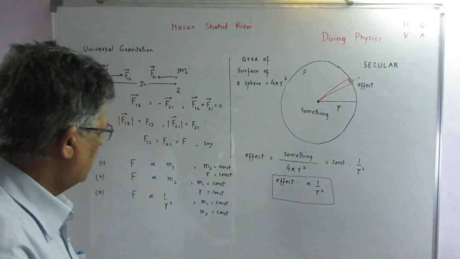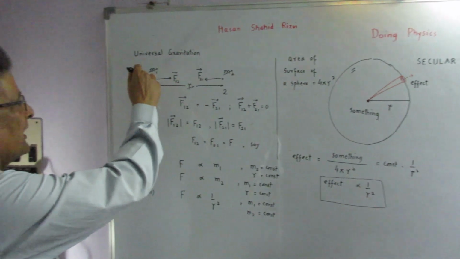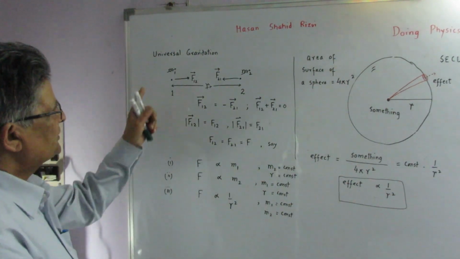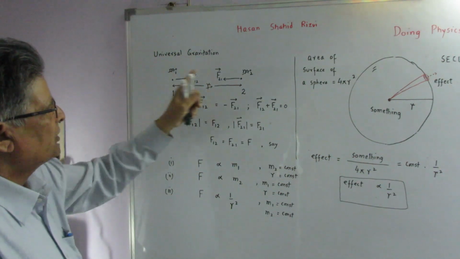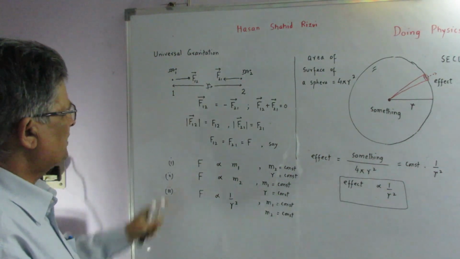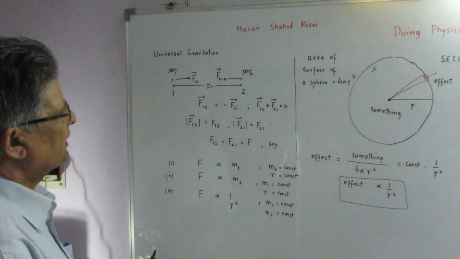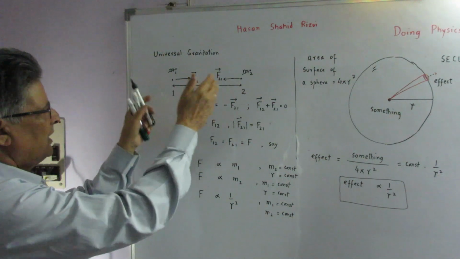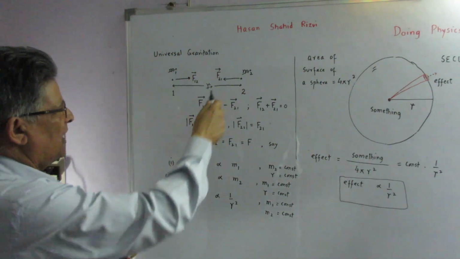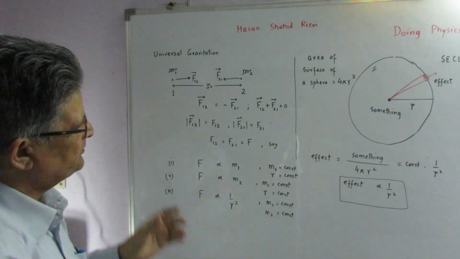So now if I come back to the universal gravitation system, the system comprises two masses separated from each other by a distance r, and because there is a law of attraction, the two forces try to bring these masses close to each other.